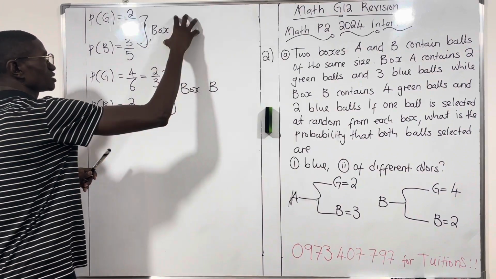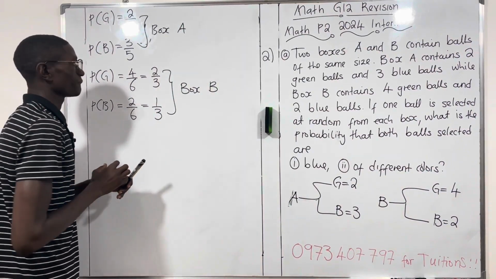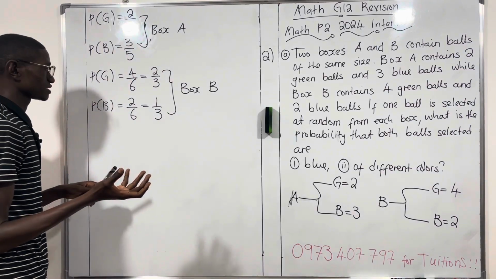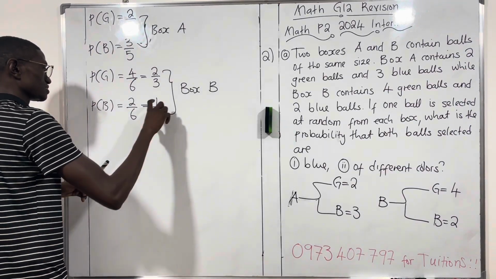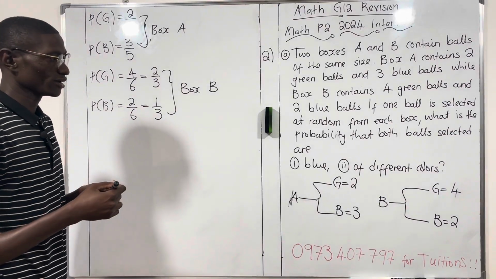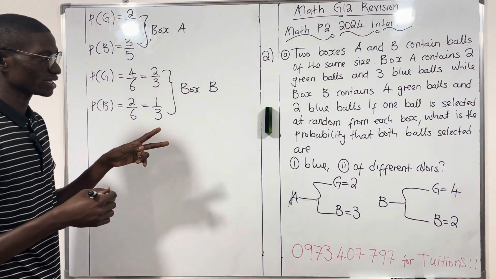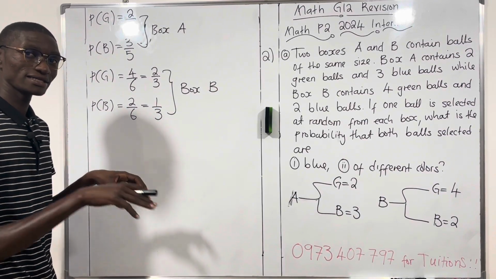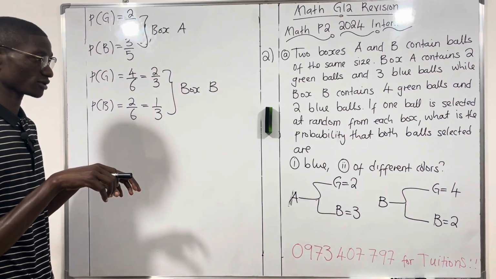So one blue ball from A, another blue ball from box B. So what is the probability of selecting a blue ball from box A? It is this one here. What is the probability of selecting a blue ball from box B? It is this one here. But there's a keyword we need to use. Okay, so we're assuming that these 2 balls that were selected are both blue. So meaning it's going to be blue and blue from both of the boxes.